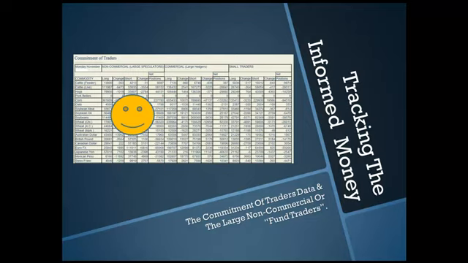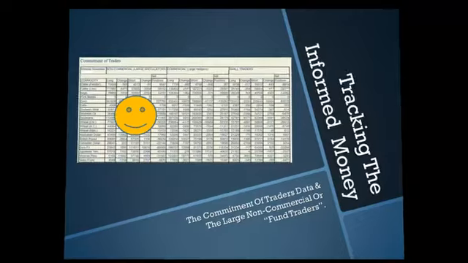But they're okay because their long-term perspective is that their trend following nature will get a lot of profits for them, and that's what they're trying to get. They're not trying to pick tops and bottoms. So it is useful for us to understand what this group does in relation to the next group, which is the commercials.